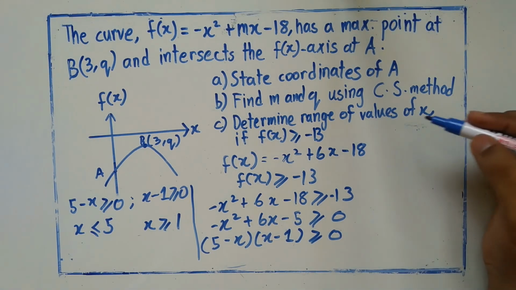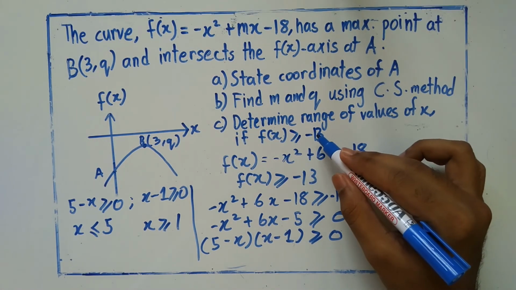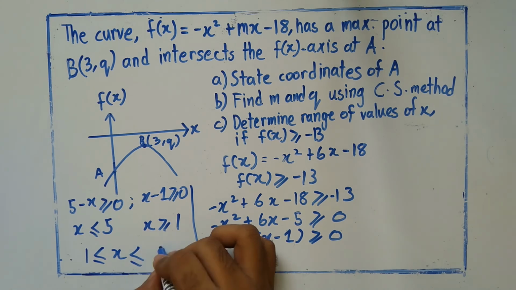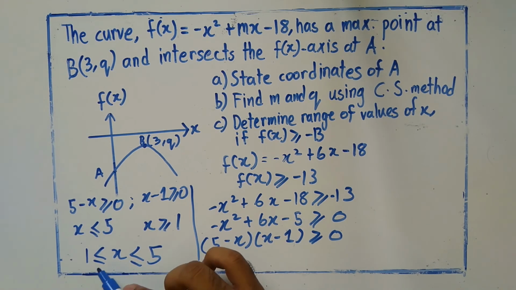So the range of values for x to be more than negative 13 would be 1 < x < 5. It has to be between 1 and 5. This is the answer for our question in part C.